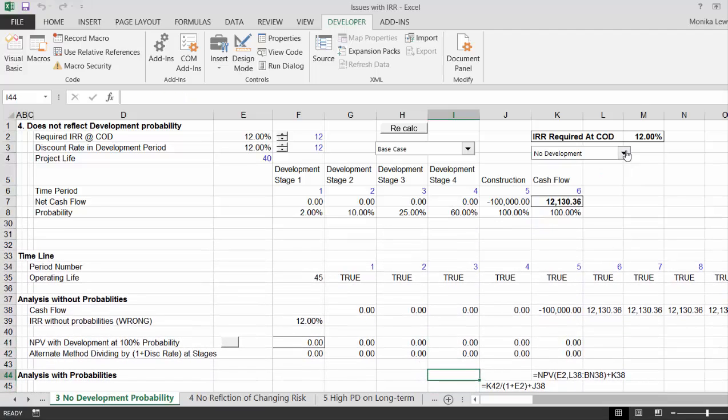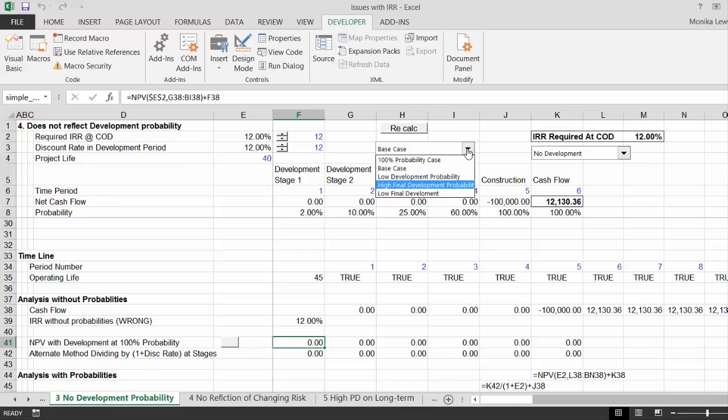And then, in this case, we just have the IRR of 12%, which is our target IRR, and we can come up with cash flow that makes the IRR be 12. So if there's no development expenditures and no probabilities.